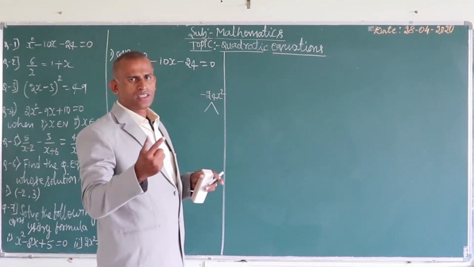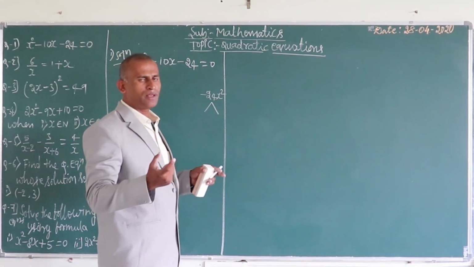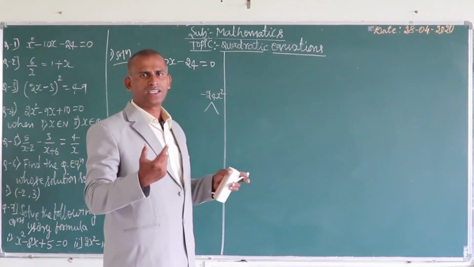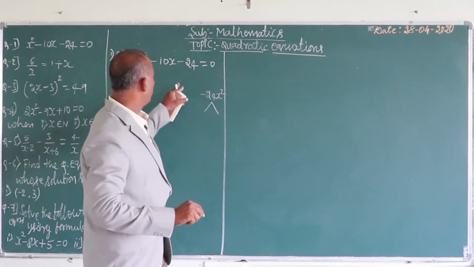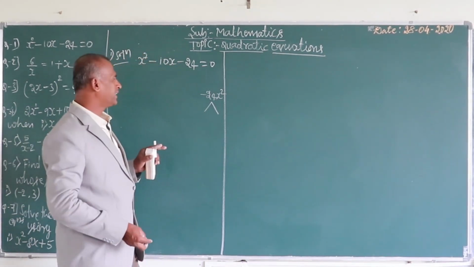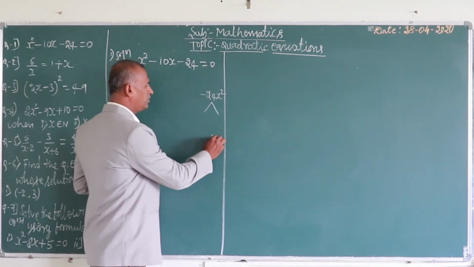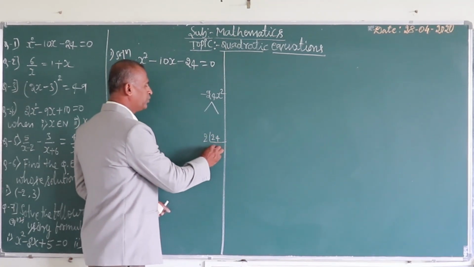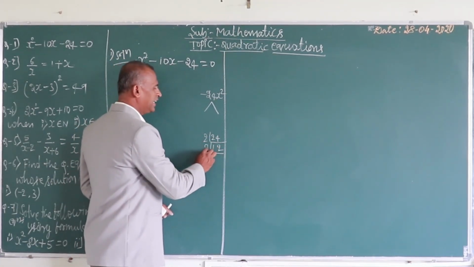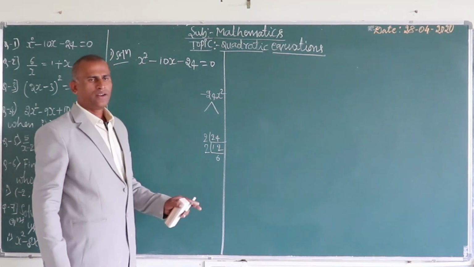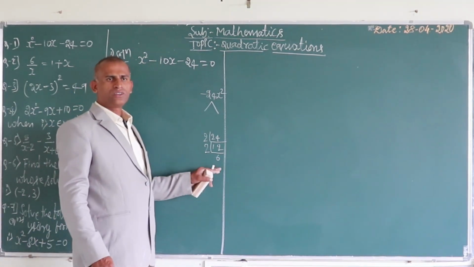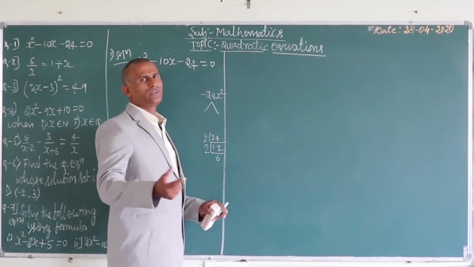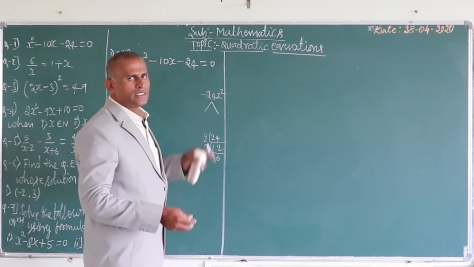Now if you multiply the two numbers it will come 24 x square. Any two factors that we take and multiply should give a product of 24, and if we add the two terms, the sum should come 10x. For that we will do factorization like this: 2 1s are 2, 2 2s are 4, 4 6s are 24. 4 plus 6, if you add, comes to 10.